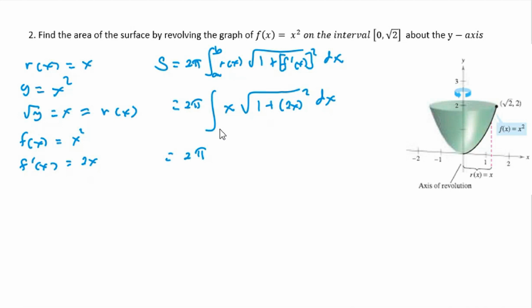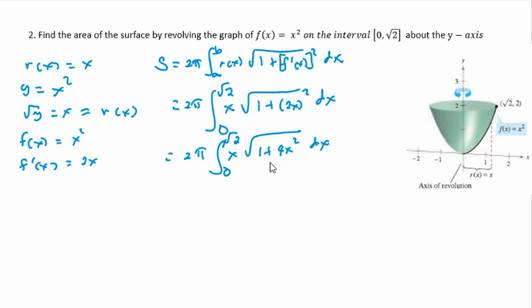I forgot to write here, the interval from 0 to square root of 2. Okay, so 2 pi times the integral of x times the square root of 1 plus the square of 2x, which is 4x squared, dx from 0 to square root of 2.